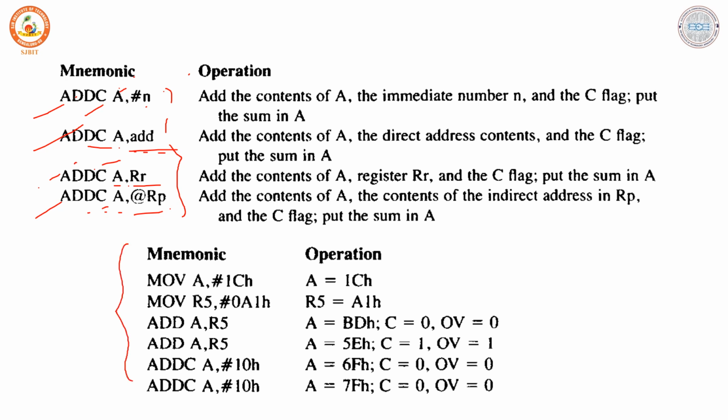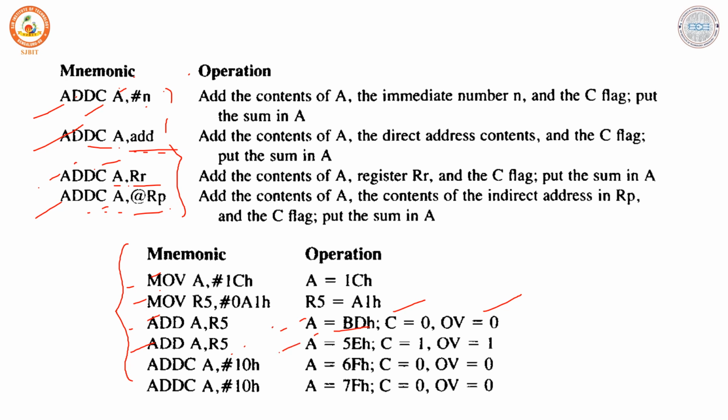Now here a simple example is shown where we are loading the accumulator with 1CH and R5 with 0A1H. Now we are performing the addition of A and R5. Finally the result will be stored in the accumulator. The carry flag with respect to this addition is 0 and the overflow flag is 0. Now when we perform the addition again with the modified values of the accumulator and R5, that means A now contains BDH, and BDH is added with A1H.